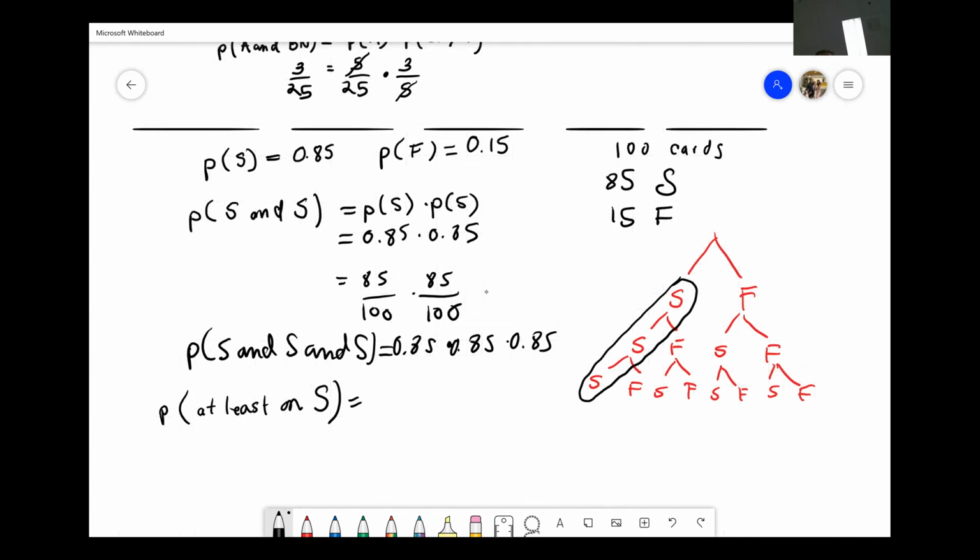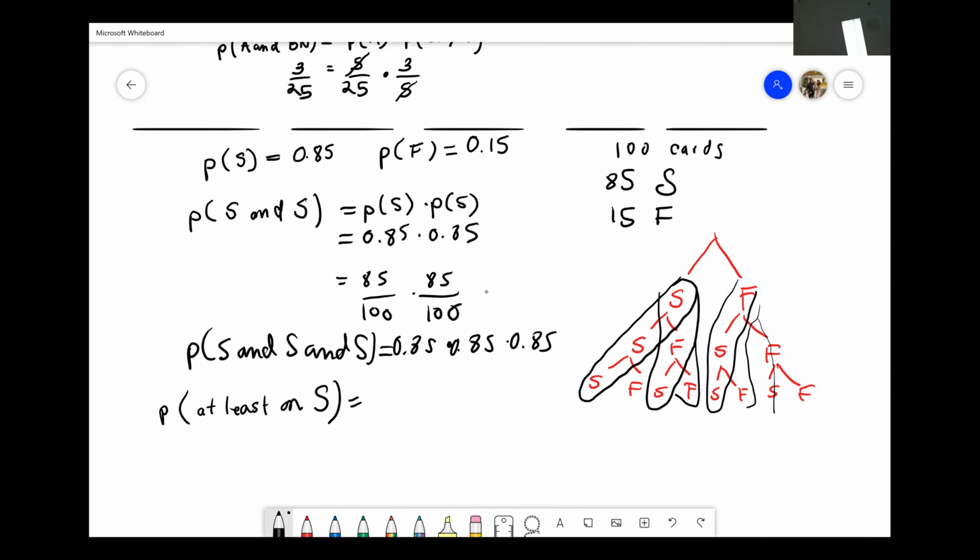This meets the criteria. This meets the criteria. This meets the criteria. This meets the criteria. This meets the criteria. There's only one that doesn't have at least one success, which is fail, fail, fail.